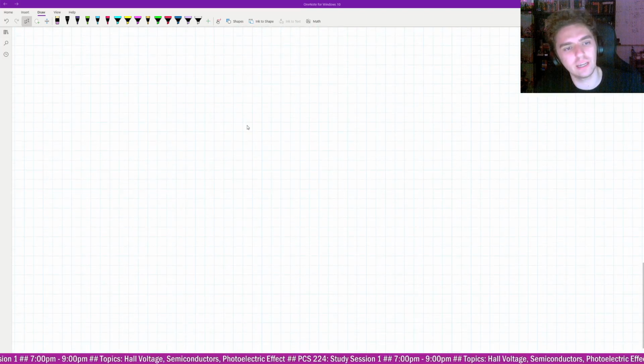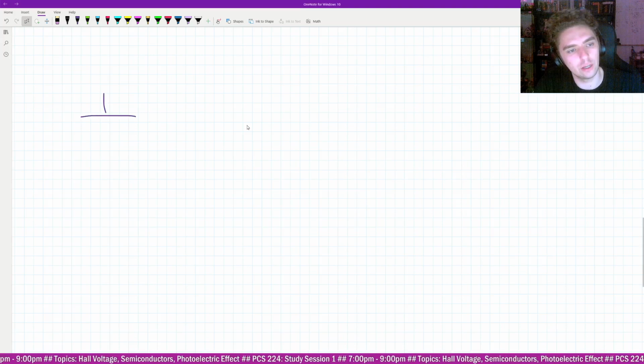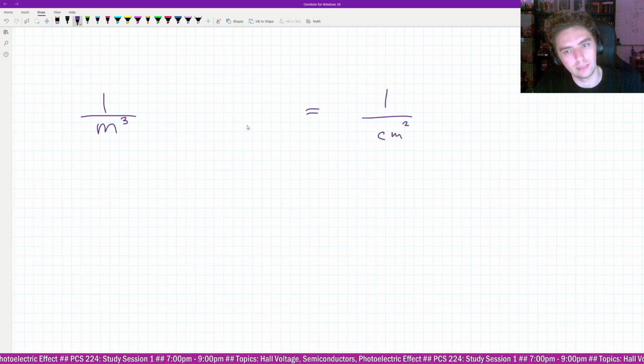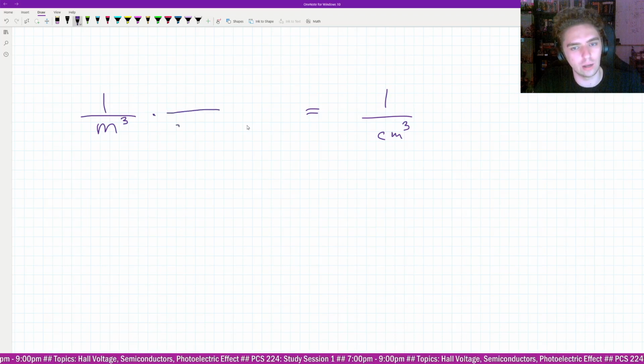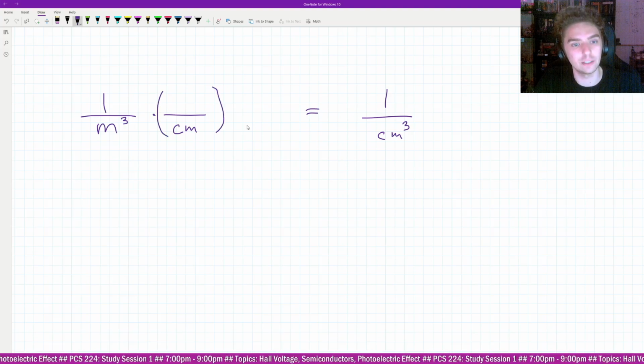I think the best way to think about it is that I want to convert 1 over meters cubed into 1 over centimeters cubed, right? The only way to get that variable there is if I cancel the meters cubed. So I want meters cubed on the bottom and centimeters on the top, and I want to get rid of meters, but I need 3 of them.